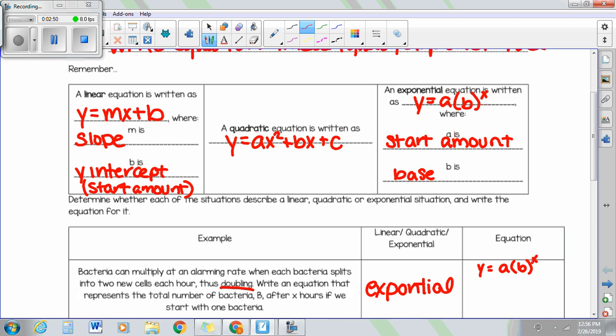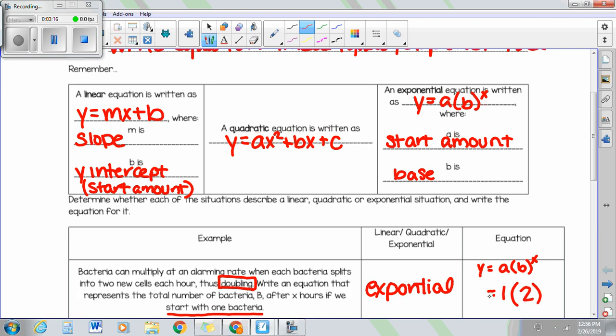And I just have to figure out what a and b are and then make sure that my variables match. A is the starting amount, and if we read this question back through, we know that we start with one bacteria. So A is going to be 1. B is the base. It's what we're multiplying by each time. The base here is that we are doubling, or we are multiplying by 2 each time.